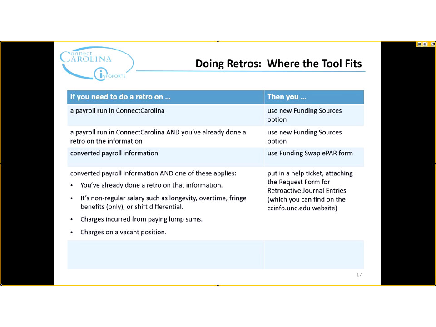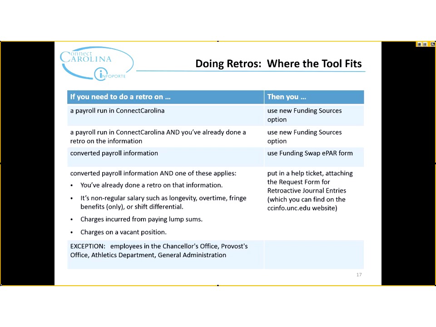And when you enter that help ticket, you have to attach the request form for retro journal entries. You can find that form on the CC Info website, all right? So if it's converted and any one of these 4 bullets applies, then you need to put in a help ticket attaching the request form for the retro journals.